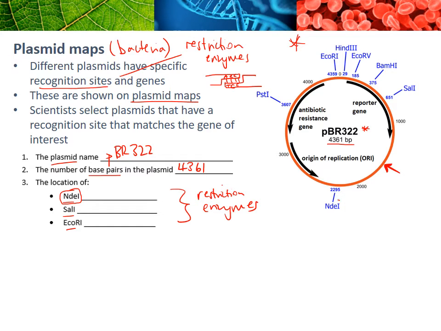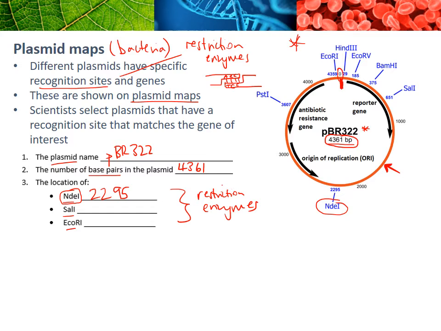It says here, and it's got a number above it, so the number here is 2295. Remember, the entire plasmid is 4,361 base pairs long. Up here you can see a 0. So that basically means that this is the start of the plasmid for the sake of this map.